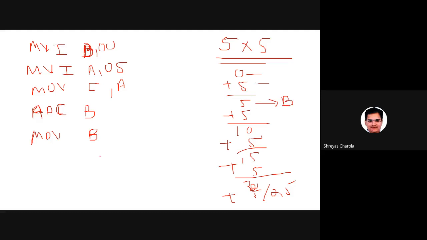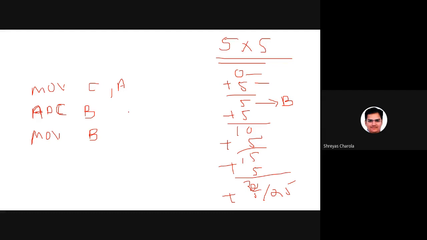Now what will I do? Again I need a 5 data. Accumulator is already 5. I need 2 copies of this.